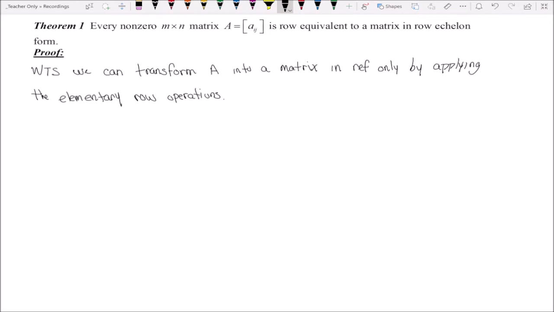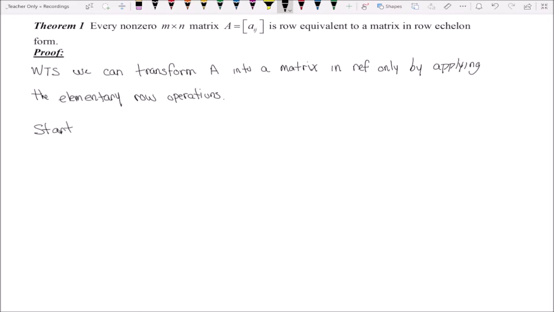And remember, there were three of them. This proof is also going to serve as the method for reducing a matrix into REF. Such a proof is known as a constructive proof because it not only proves the theorem, but it constructs a method of performing the operation mentioned in the theorem.